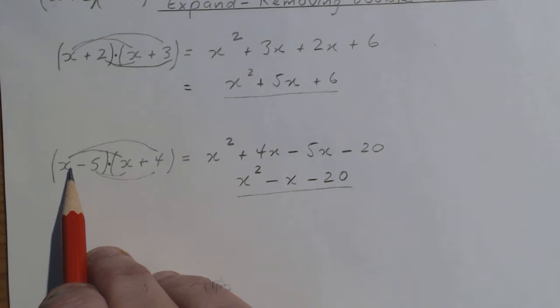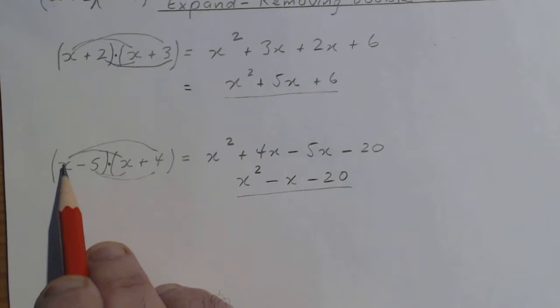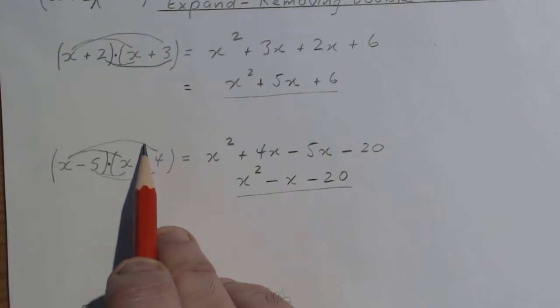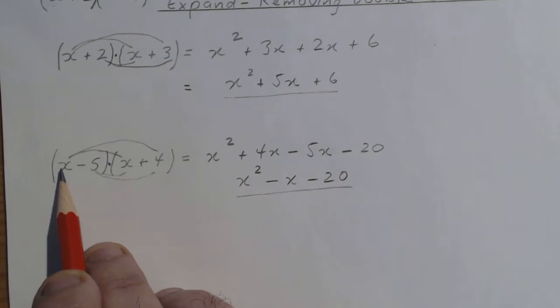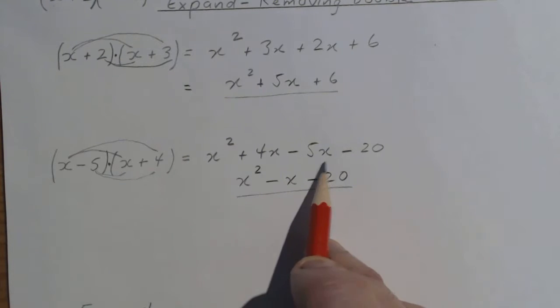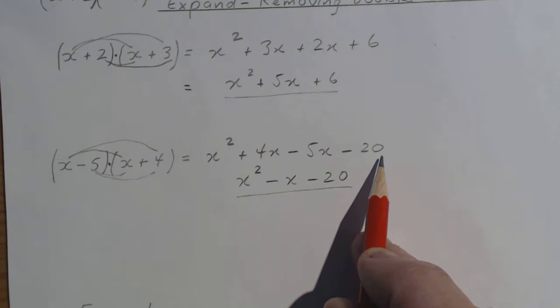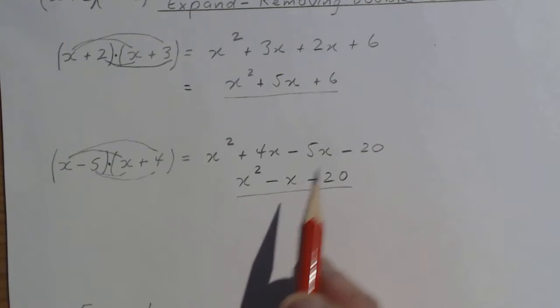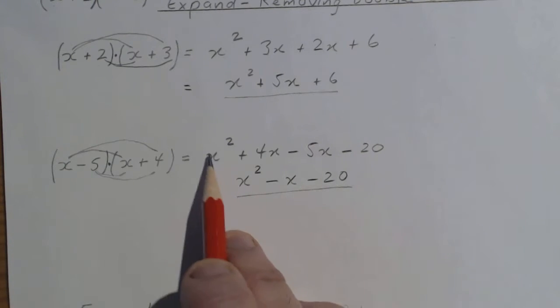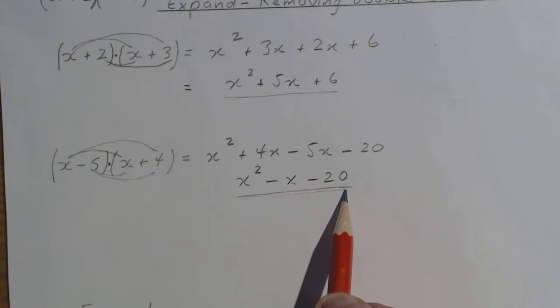And the same thing here, x times x gives x squared, and then x times plus 4 gives plus 4x, x times minus 5 gives minus 5x, and minus 5 times 4 gives minus 20. And collect the plus 4x and the minus 5x, we get minus x, x squared is on its own, minus 20 is on its own, and that is our result.